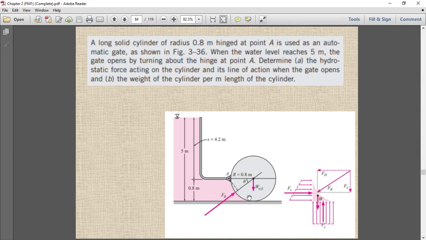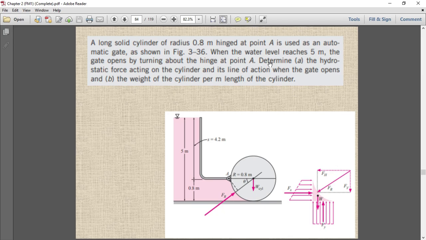It doesn't move, but if the level goes just a little above 5 meter, 5.001 or 5.1 or 5.01 meter, the gate will move slightly. At 5 meter it is not moving but it is just about to move. That means the net reacting force acting by the cylinder on the fluid is equal.